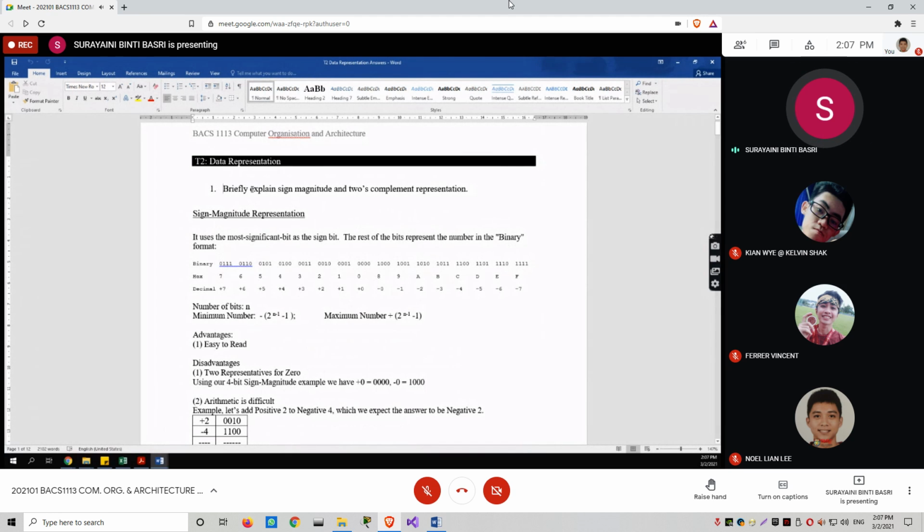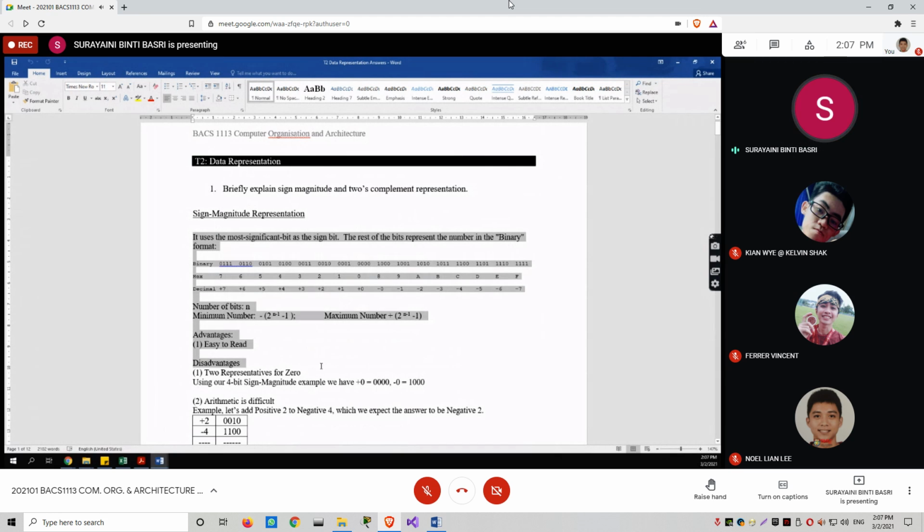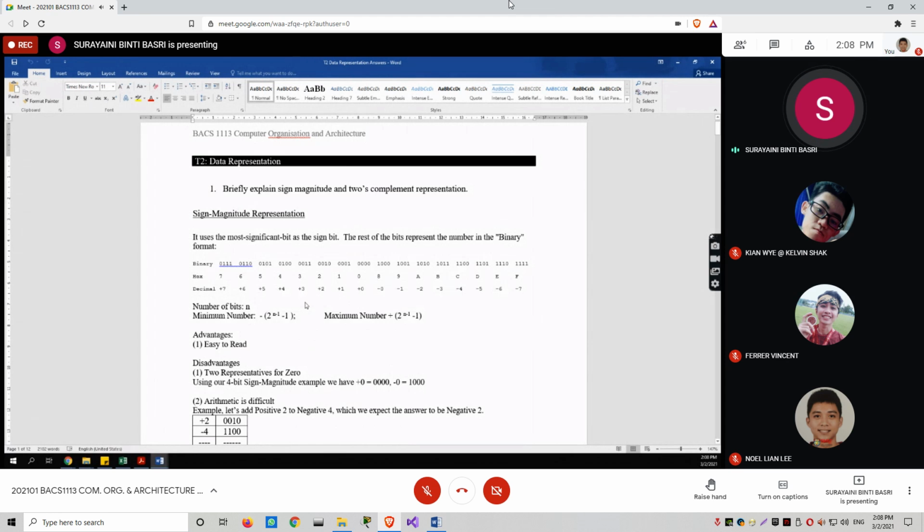Even though it didn't ask to give an example of each way of representation, the answer for this tutorial gives you an example, because this explains more of what we learned in the previous lecture. So this is just your revision, while you are answering the questions.